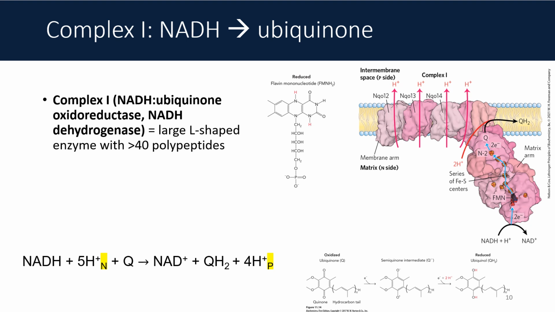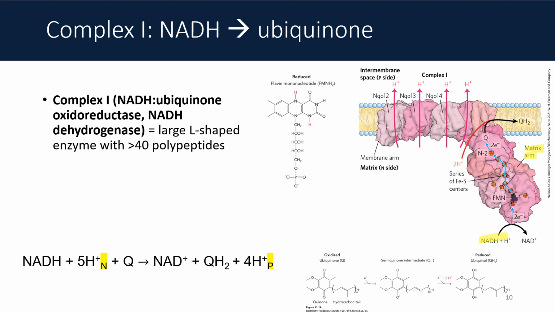Now we examine each complex in detail. The full name for complex 1 is NADH ubiquinone oxidoreductase, and it's a huge L-shaped enzyme that contains 40 polypeptide segments to it. It's got some crazy quaternary structure. And the arm portion that sticks out into the matrix has the job of finding, binding, and oxidizing NADH.